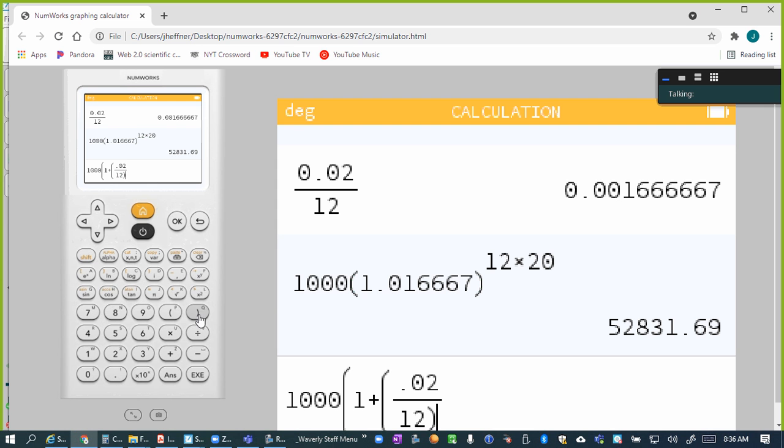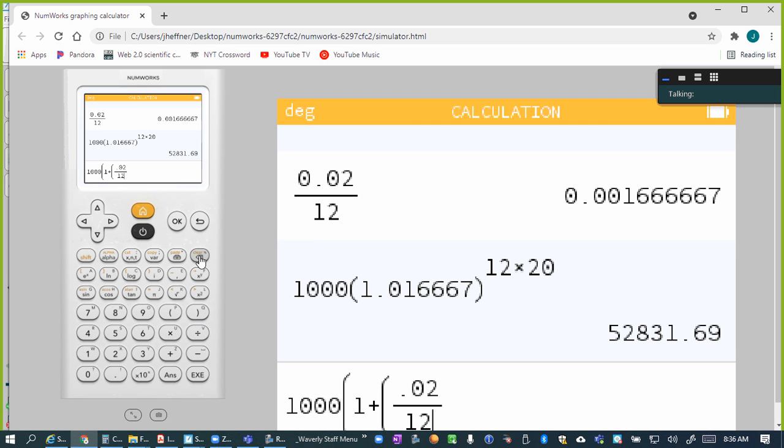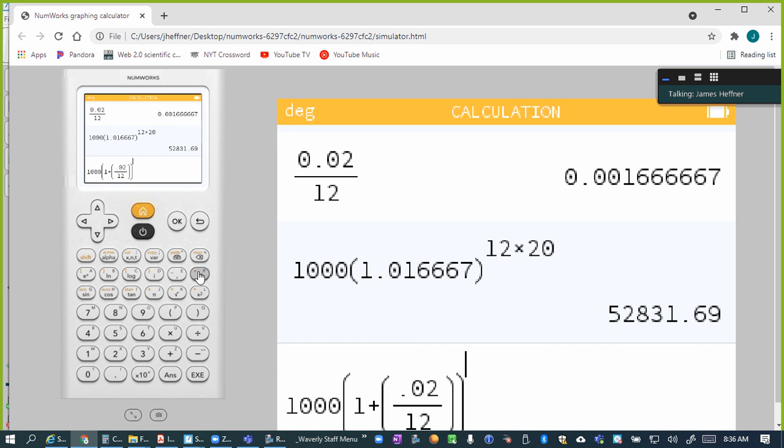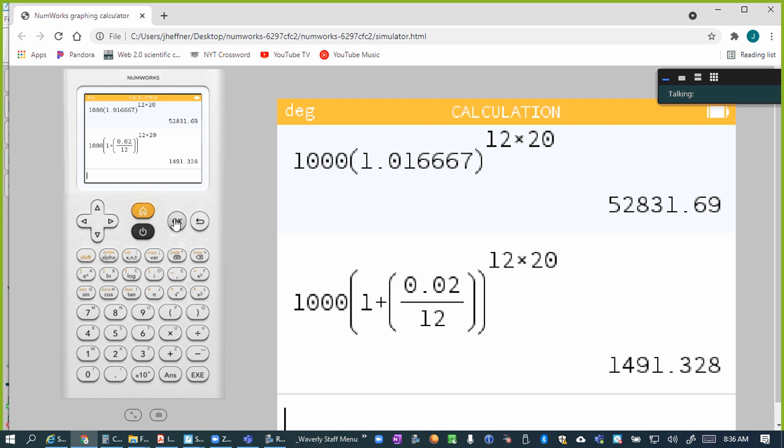This calculator does that automatically, doesn't it? There. Now I'll do the X to the Y. 12 times 20. That's better. Yeah, I must have missed a zero in there, Bob. Mistyped it. Sometimes when I touch the screen, it doesn't register.